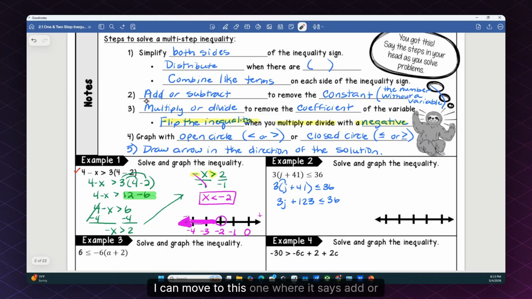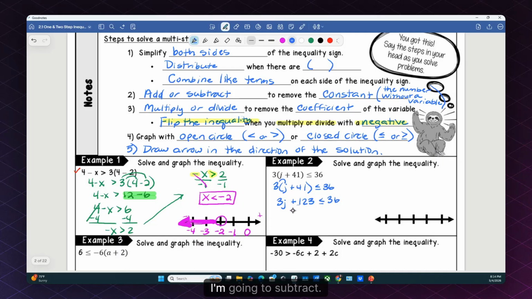I can move to this one where it says add or subtract to remove the constant. That's the number without a variable. So let's look. I have my variable here, but this number has no variable. I need to get it over here with this number that has no variable. So how I do that is I see it's a plus 123. I'm going to subtract it.